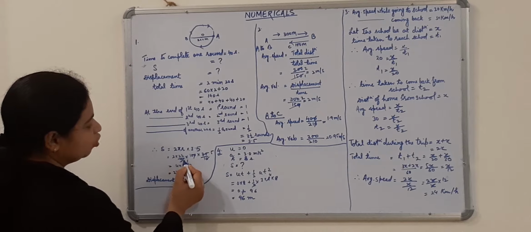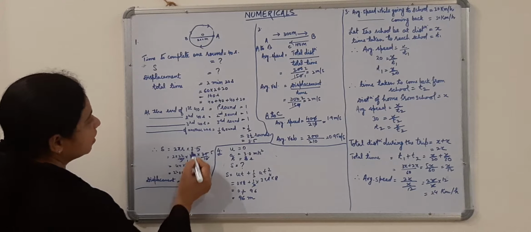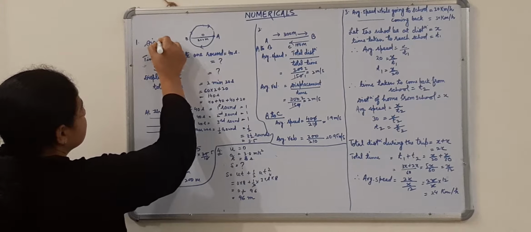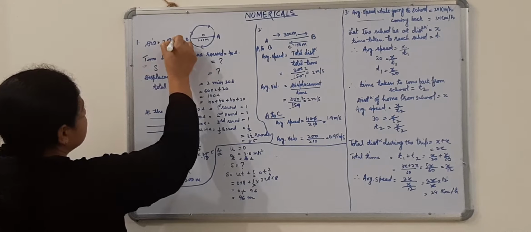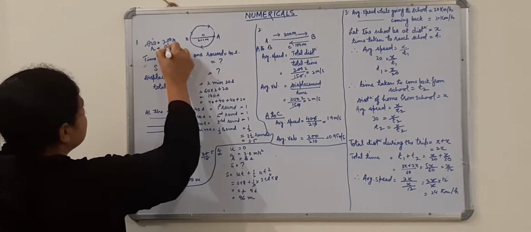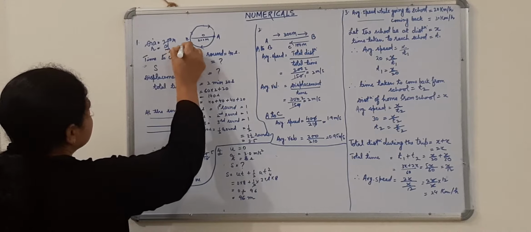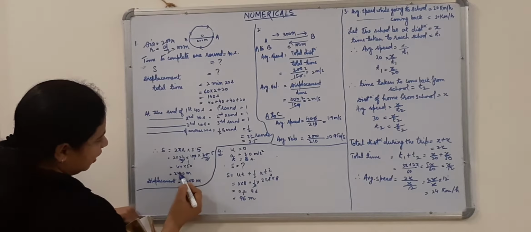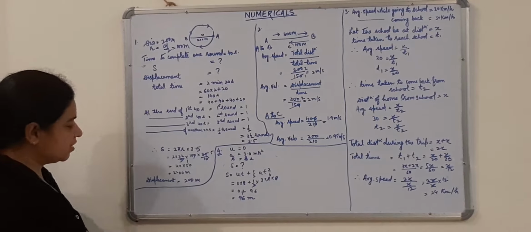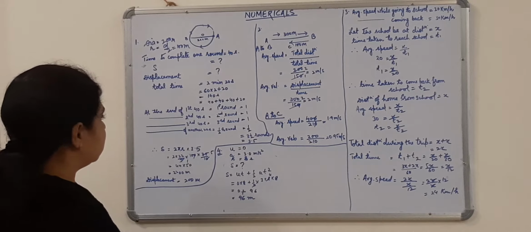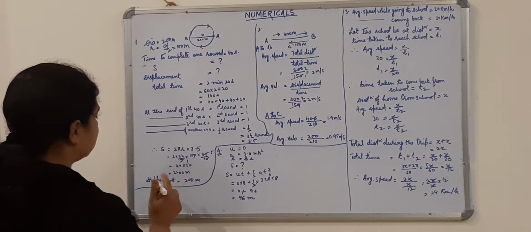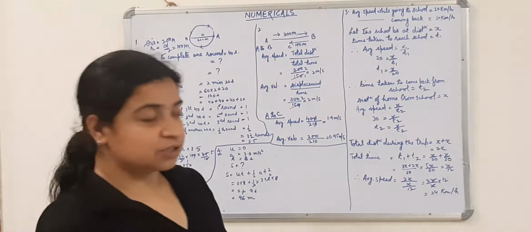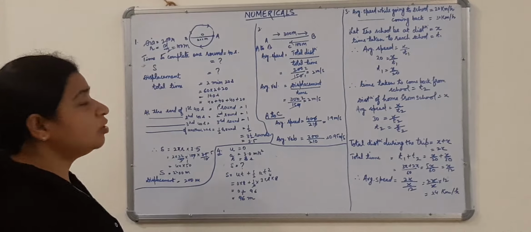I have taken pi's value as 22/7, and r is 100 because diameter is equal to 200 meter and r is d upon 2, that is 100 meter. Then I solved it and got the distance covered as 2200 meter.